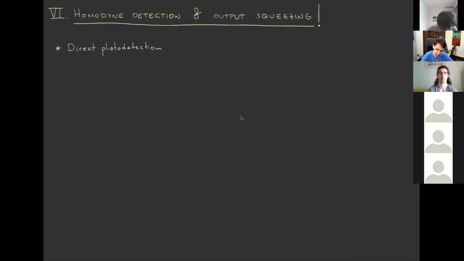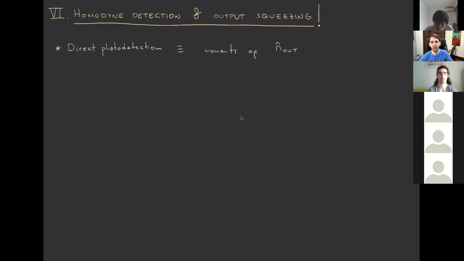And we saw that the photocurrent that appears in the photo detection is a stochastic signal that contains the moments of the photon number operator of the output. That gives you the photon number per unit time that is radiated from the system.